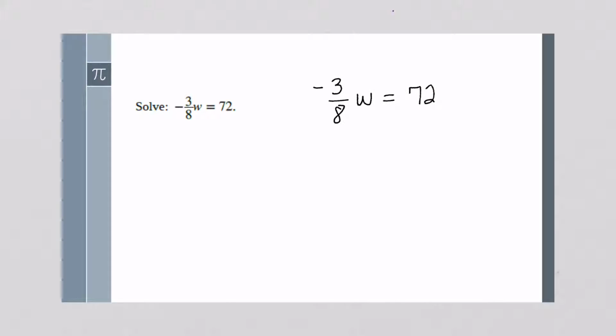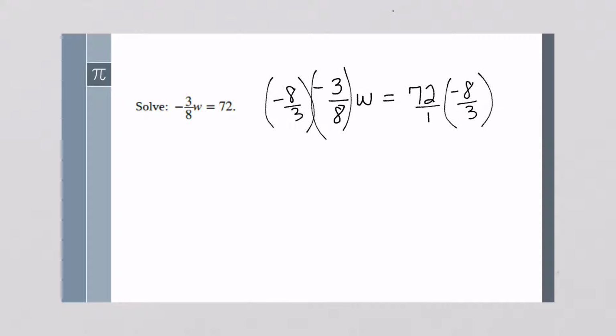Okay, just like that last one, I'm going to multiply by the reciprocal again. The reciprocal of negative 3/8 is actually negative 8/3. So I'm going to multiply both sides by that, negative 8/3. What you do to one side, you have to do the same thing to the other side. So on the left side, the negatives cancel each other, the 8's cancel each other, the 3's cancel each other.